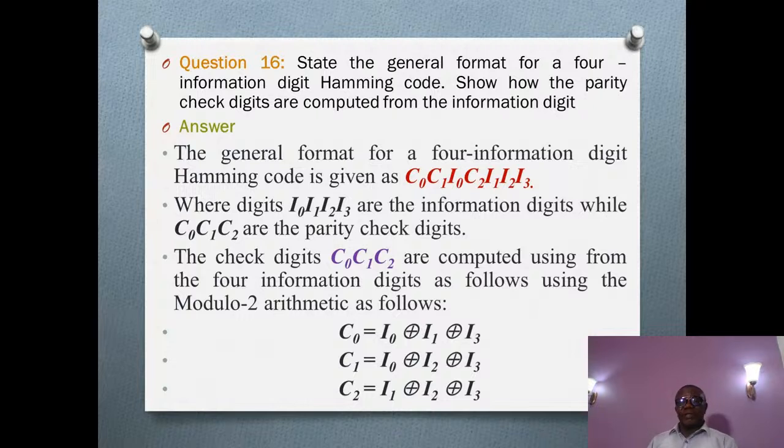C0 is equal to I0 modulo 2 I1 modulo 2 I3. C1 is equal to I0 modulo 2 I2 modulo 2 I3. C2 is equal to I1 modulo 2 I2 modulo 2 I3.